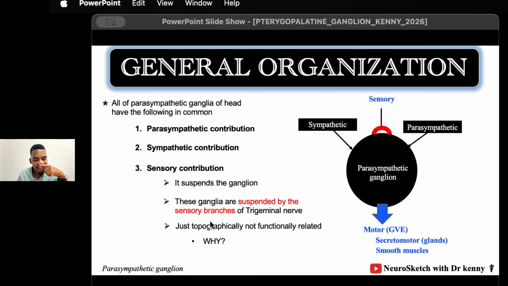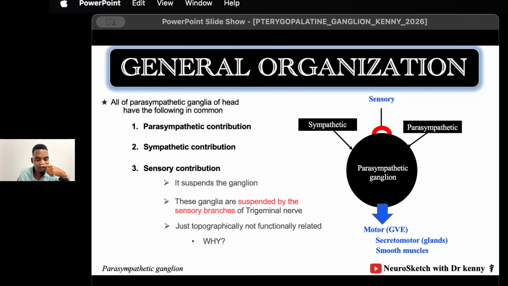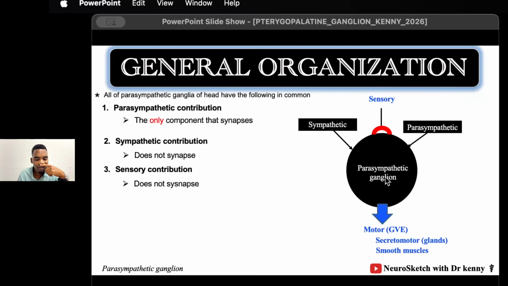Why are these ganglia suspended by the trigeminal nerve? To reach different places of the head, because the trigeminal nerve is the chief sensory supplier of the head. We have said we have three contributions to this ganglion, but the only contribution that synapses within the ganglion is the parasympathetic.